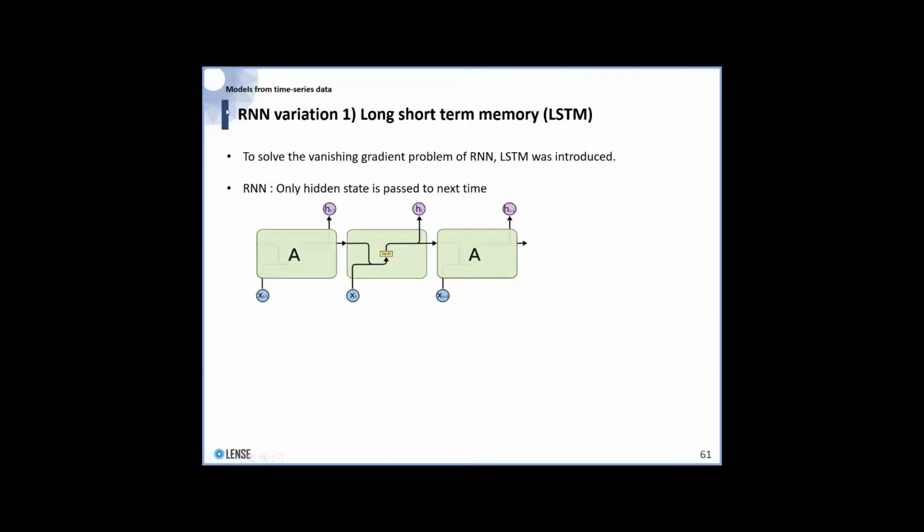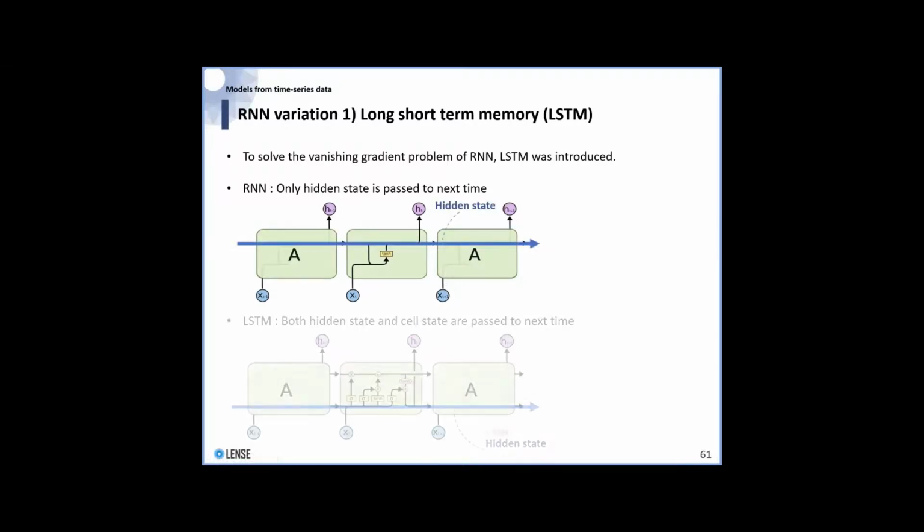So people have created some variations, like the long short-term memory. Here you not only have the hidden state passed on through time, but you also have the so-called cell state. So you have something that's recursively passed on, but you also have something inside that stays on much longer.